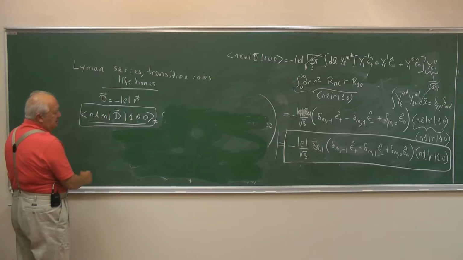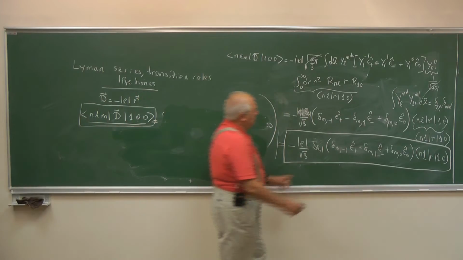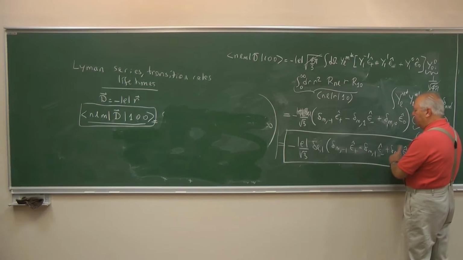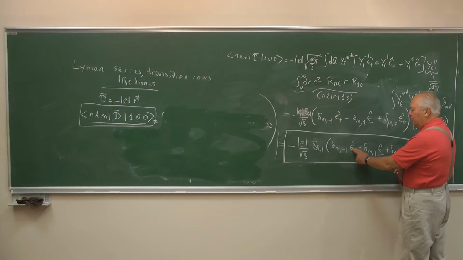And the square can easily be taken because when you multiply it by its complex conjugate and dot it, these are orthogonal vectors and of unit magnitude. They are orthonormal.